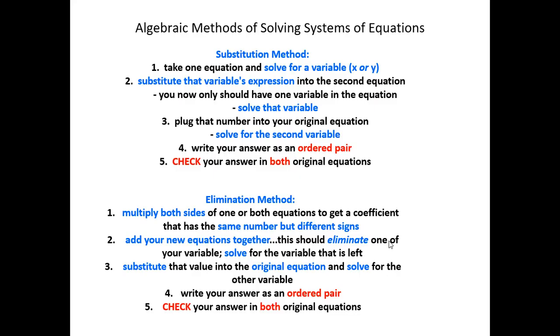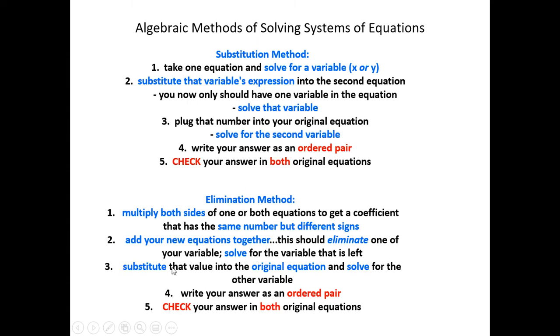All right, algebraic methods of solving systems of equations. We talked about the substitution method: substitute one variable in for the other in the other equation. I'm not going to go through a big long explanation of that now. If you need to go back and check your notes, you can do that.